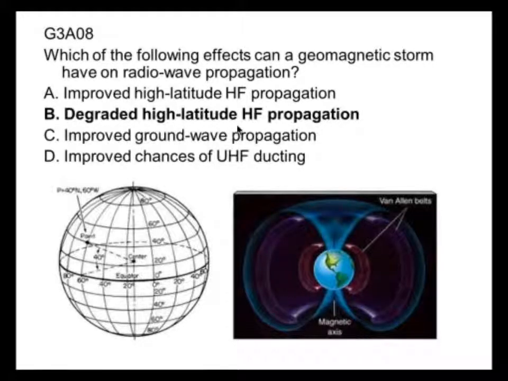Degraded high latitude HF propagation. By high latitude, we are talking about farther away from the equator. The reason is because this is where the magnetic pole is. The more intense magnetic field near the magnetic pole will cause a geomagnetic storm to have a greater influence at the high latitudes nearer to the poles.